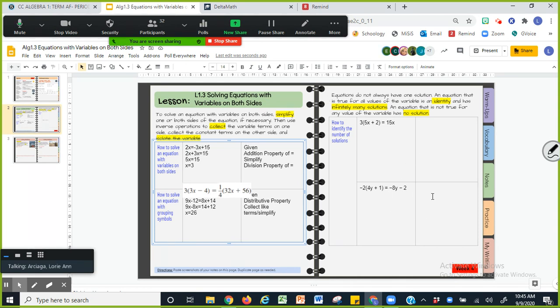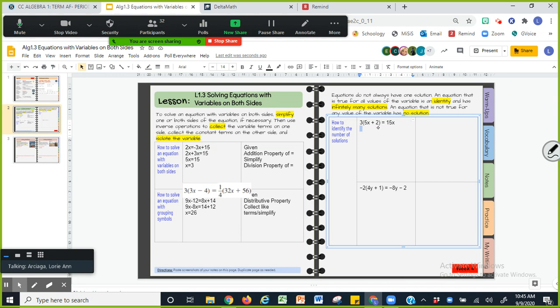In the next two equations you will see, they are equations that have either infinitely many solutions or no solution at all. Okay? So when do we get many solutions and when do we get no solutions? When you do your Schoology work, you will be saying whether an equation has one or many or no solution at all. Okay, so let's try this.